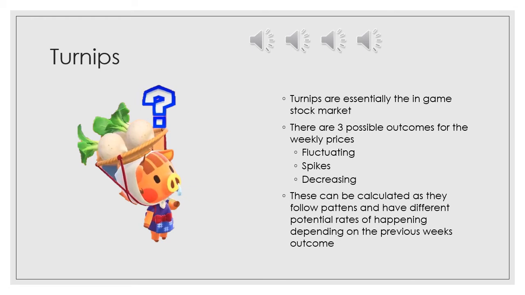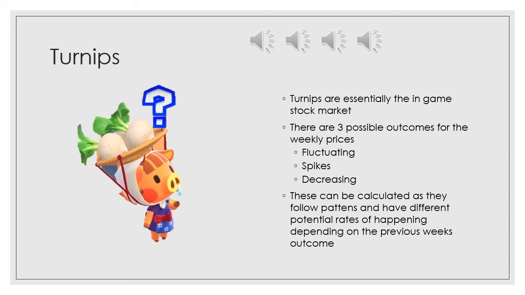There is an item called turnips, which can be purchased every Sunday before 12 p.m. Turnips vary in price between 90 to 110 bells. Throughout the rest of the week, turnips can be sold anywhere between 40 bells to 600 bells.